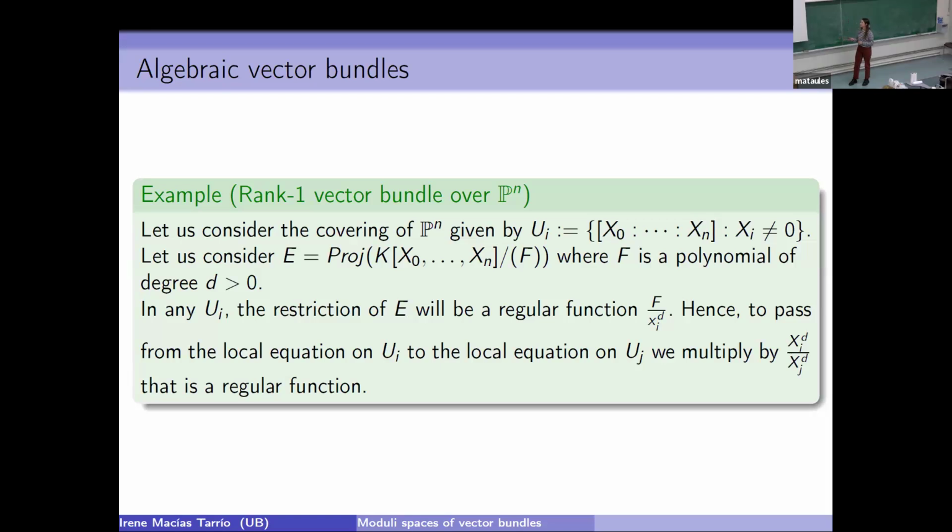So when we construct this, there will be like the prime ideals of this coordinate ring. Okay, so this will be an example of a vector bundle. Why? Because if we restrict this to an open set of this form, we get a regular function. We get a function that works well locally. And we can go from one open set to another by multiplying by this, which will also be another good function. So this will be an example of a rank 1 vector bundle over the projective space.